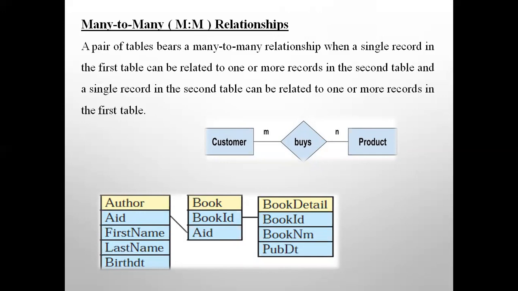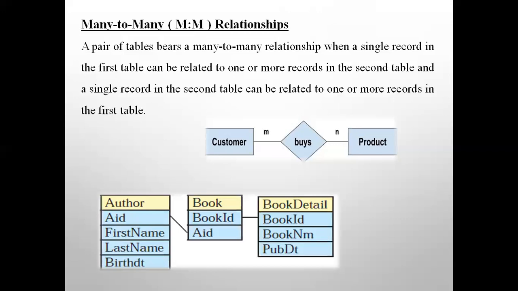This kind of relationship requires a minimum of 3 tables. For example, if there are two entity types, customer and product, then each customer can buy more than one product and one product can be bought by many different customers.